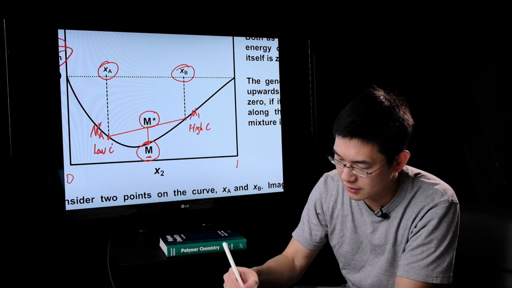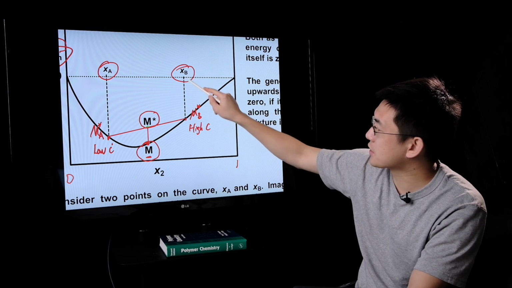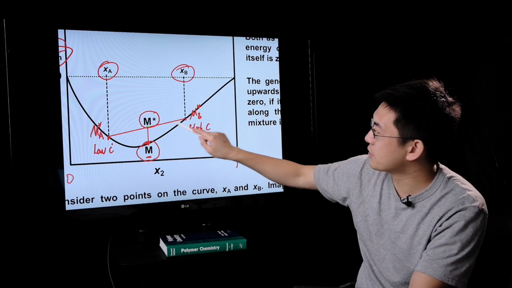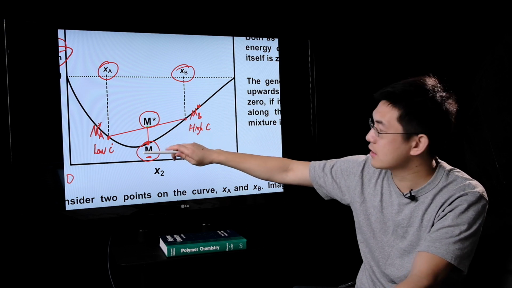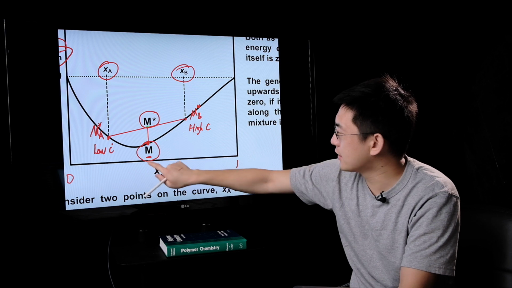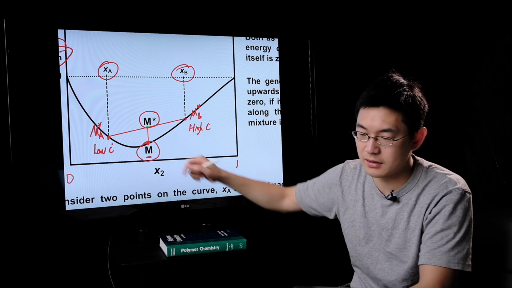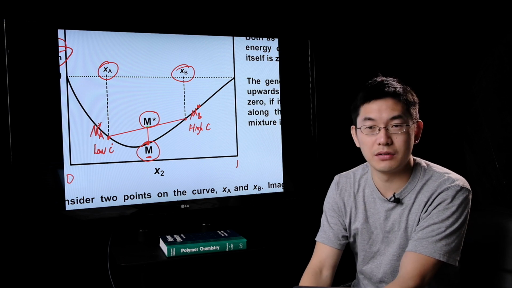So this is going to be at MB star at B concentration at XB, and this is the original concentration. It's just going to be linear because of conservation of mass. And now the question is, will M star be higher than M or lower than M? This defines whether your system will phase separate or not.